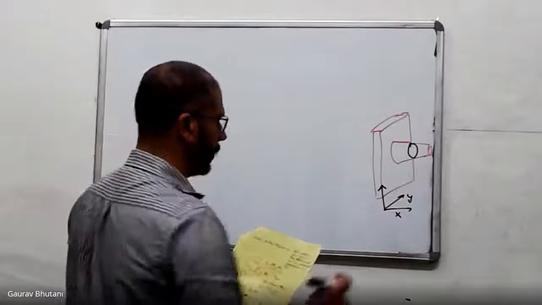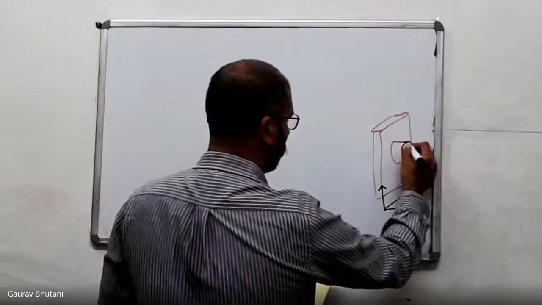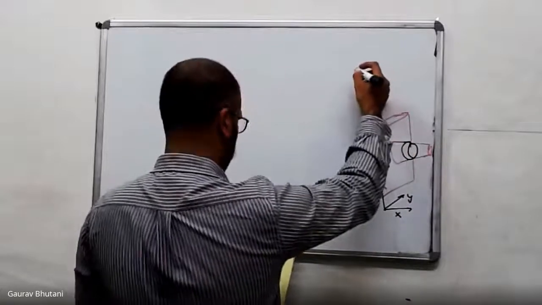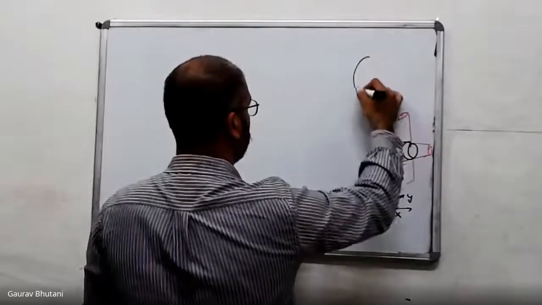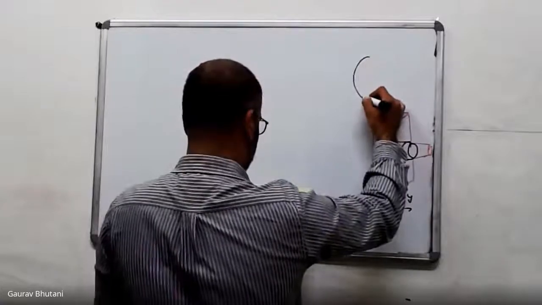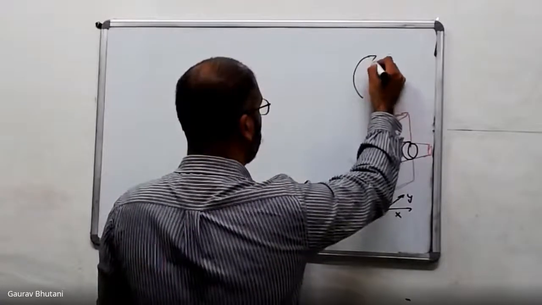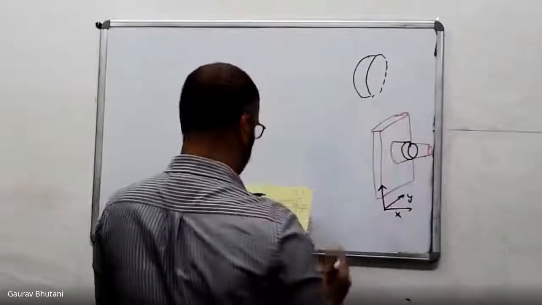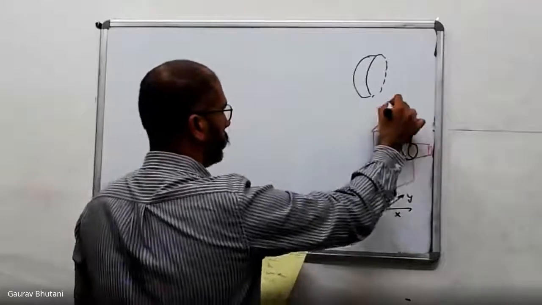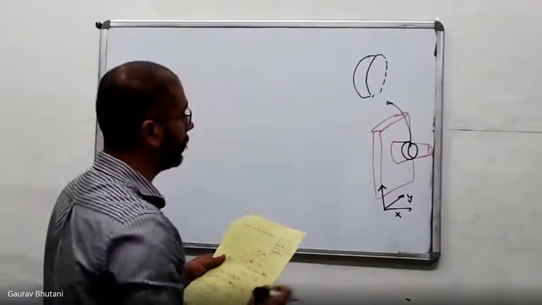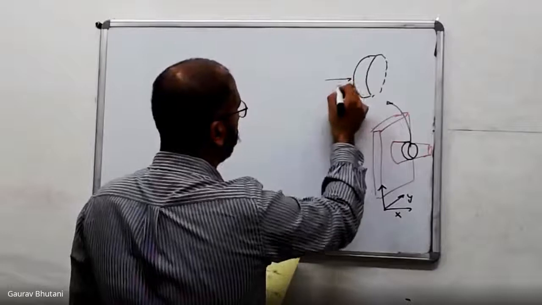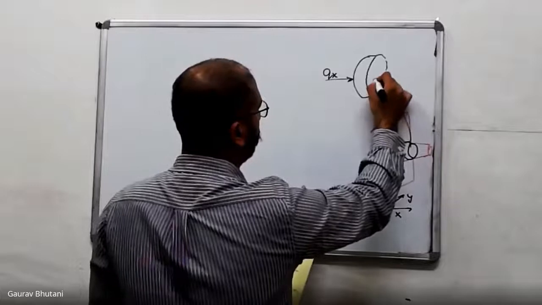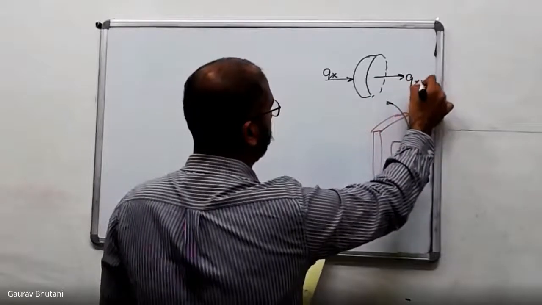As we did earlier, we'll take an element like this. Let me draw a zoomed in version of this element. So what's happening is you have some heat flowing into the element, which we'll call Qx, and there's some heat flowing out, which is Qx plus delta x.